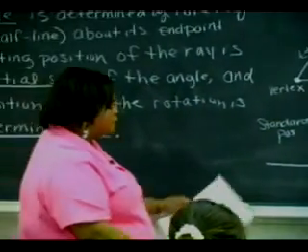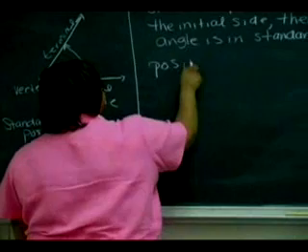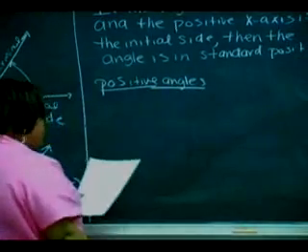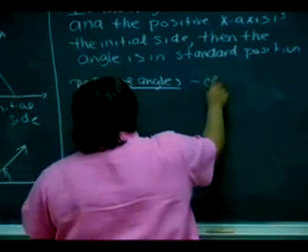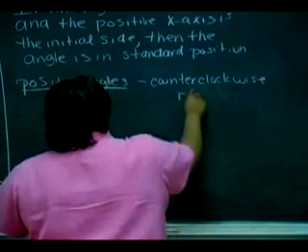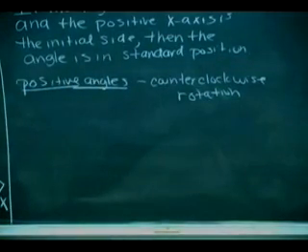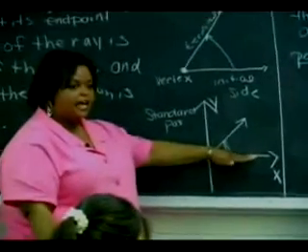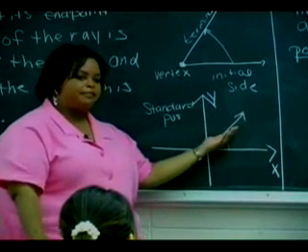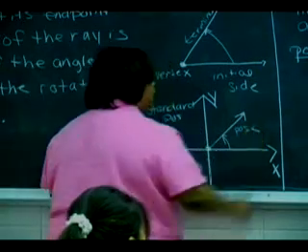Now, we can talk about negative and positive angles. Positive angles are formed by a counterclockwise rotation. So, from this initial point, or this initial side, if we rotate this line counterclockwise, then what we have is a positive angle. Okay? So this will represent a positive angle.